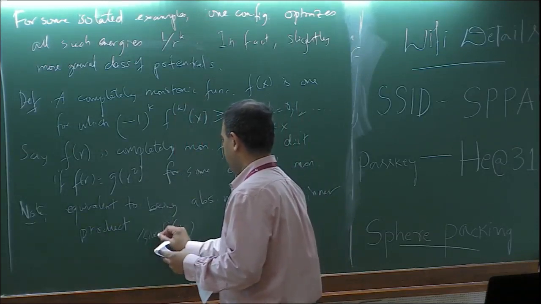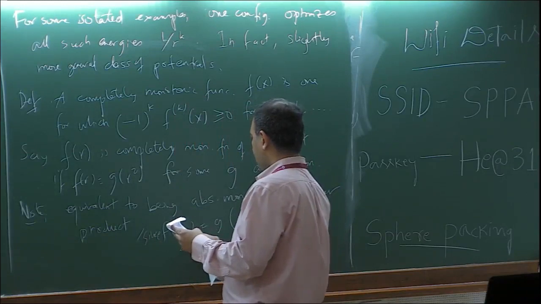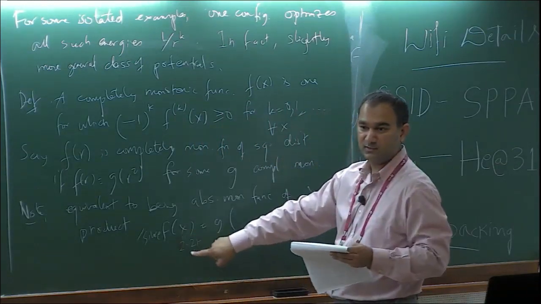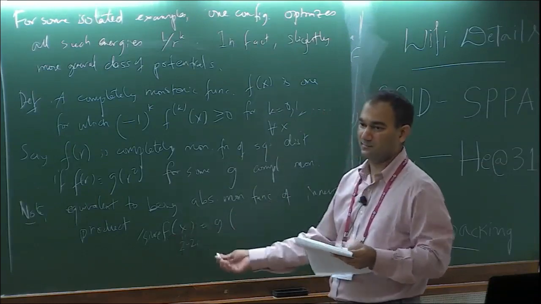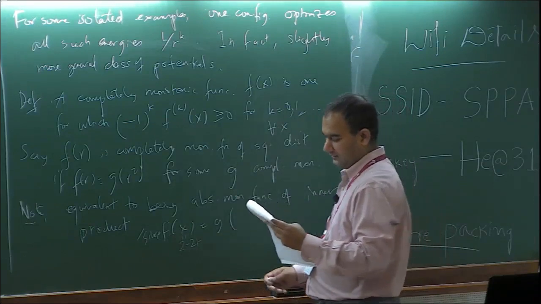That's because if I have f of x, where x is r squared, which is 2 minus 2t, then x is related to t by a change of variable which flips the sign.